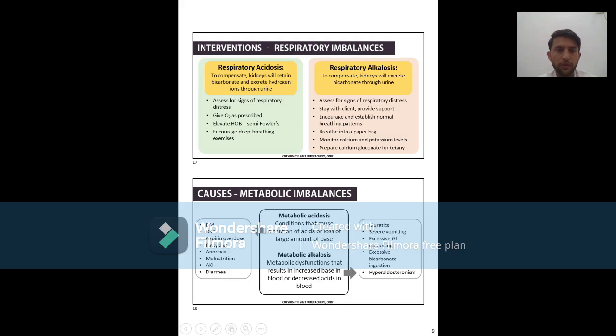If we talk about metabolic acidosis, we have the conditions of diabetes mellitus and diabetic ketoacidosis.